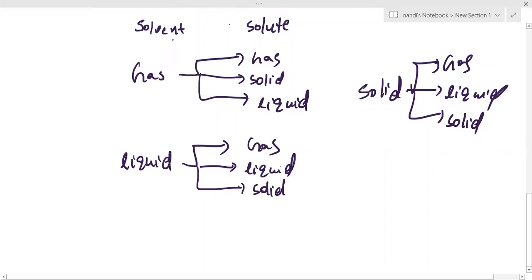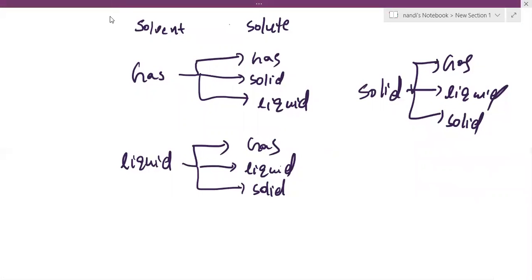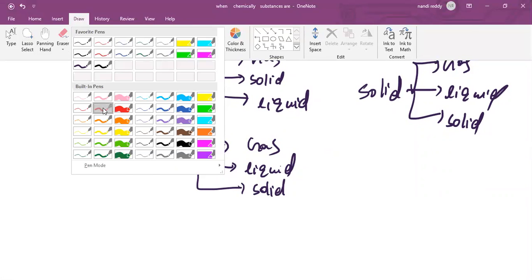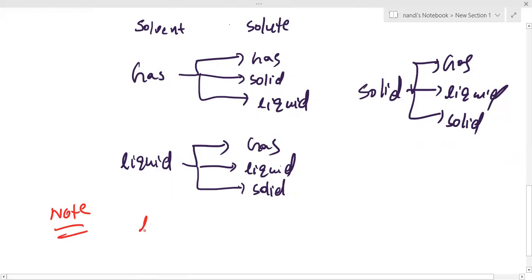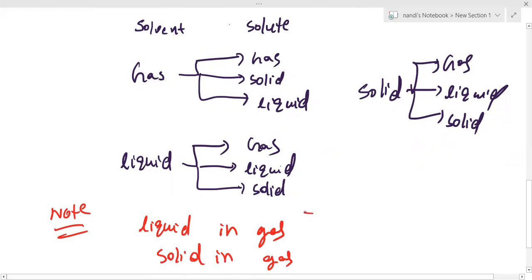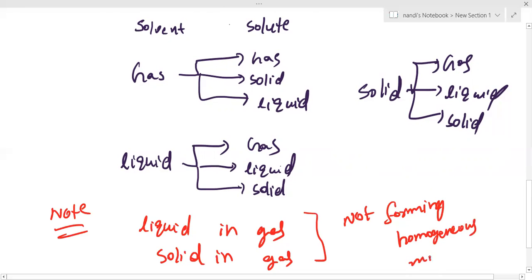Liquid in gas and solid in gas do not form homogeneous mixtures.